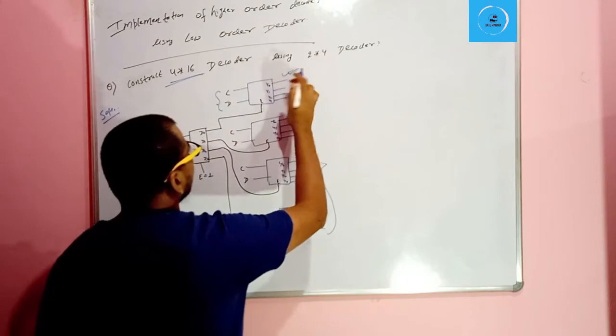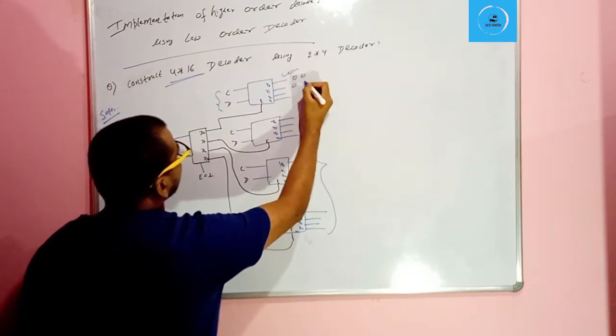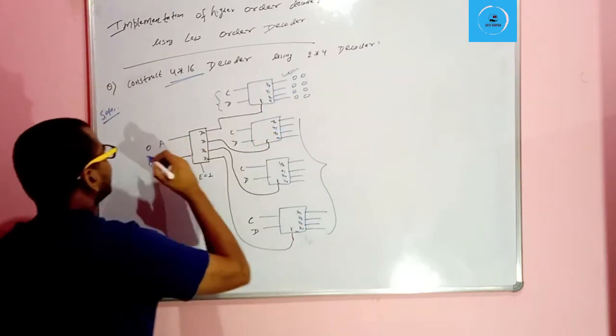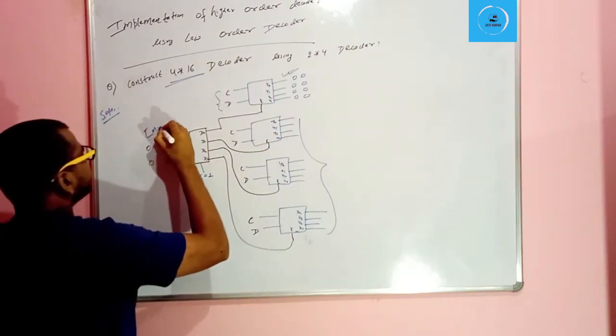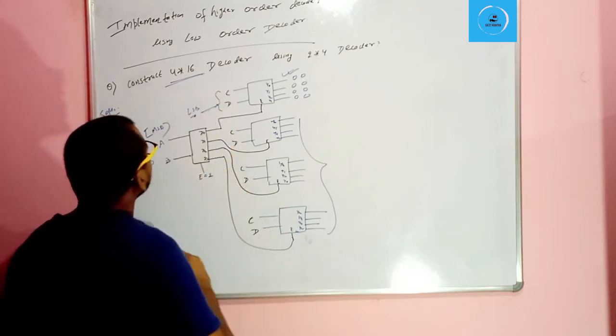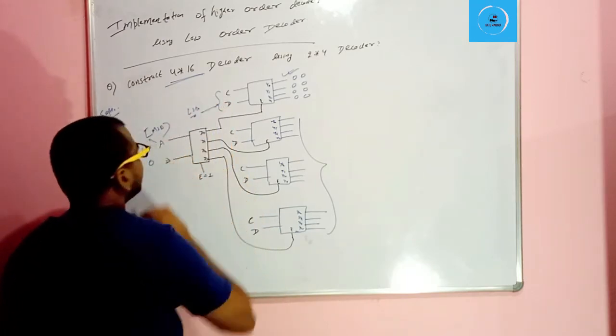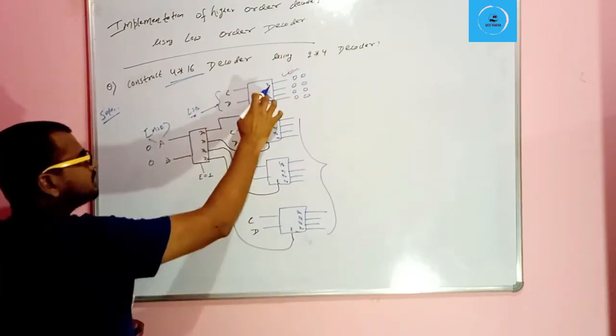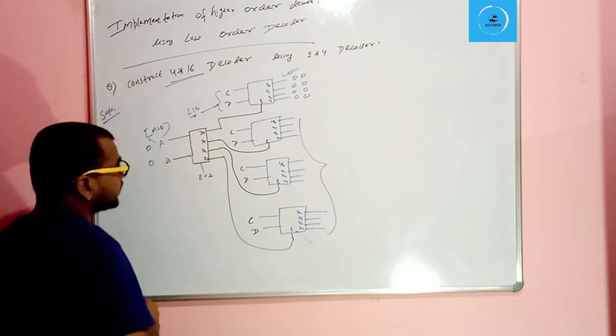So for A and B equal to 0, 0, and by changing C and D, where A is the MSB and D is the LSB, this decoder will be selected.